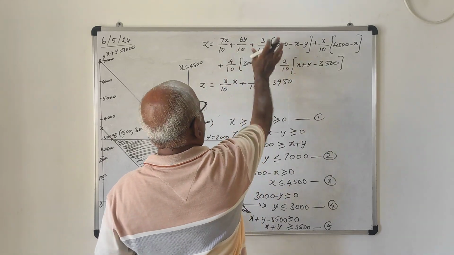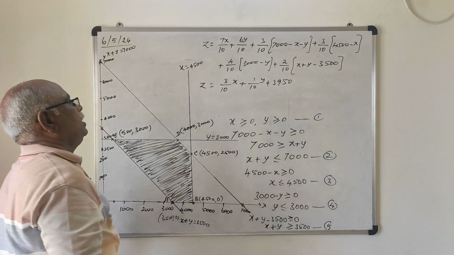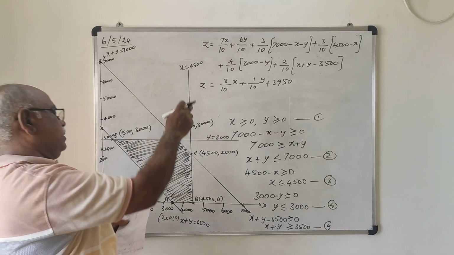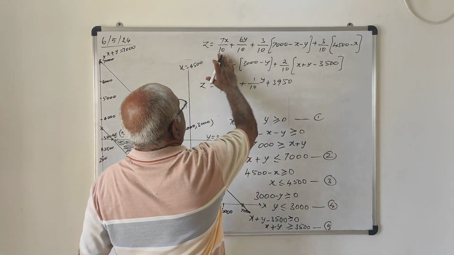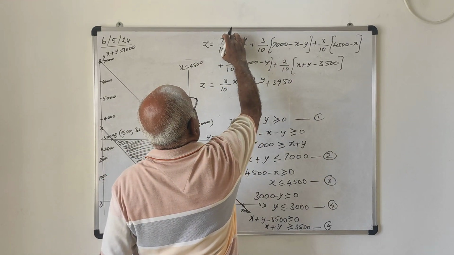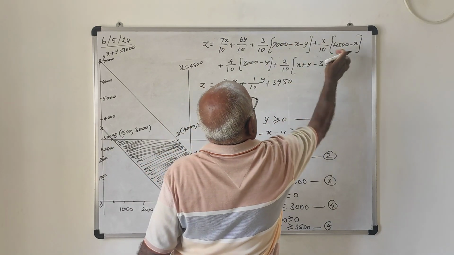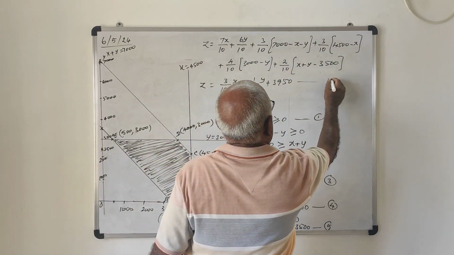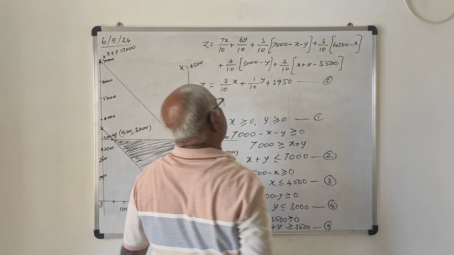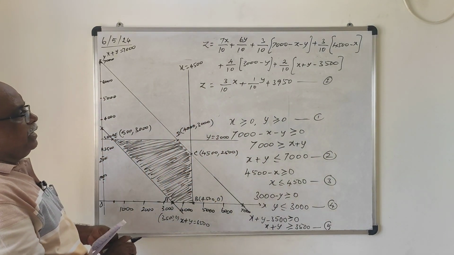Multiplying out, collecting the x terms, the y terms and the constant terms, you simplify and get this equation. This is the required equation for finding the transportation cost.